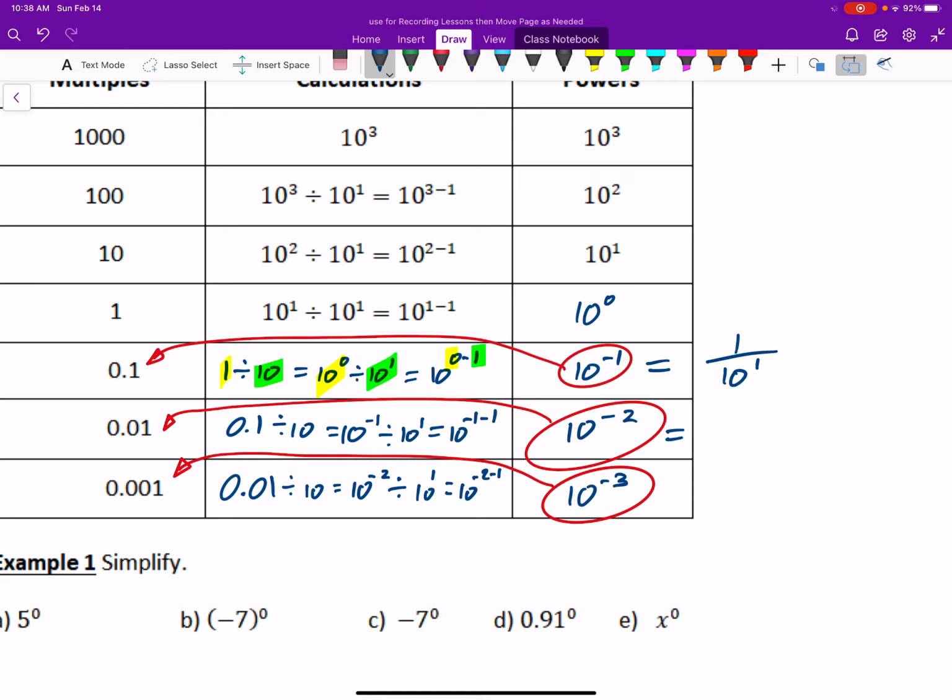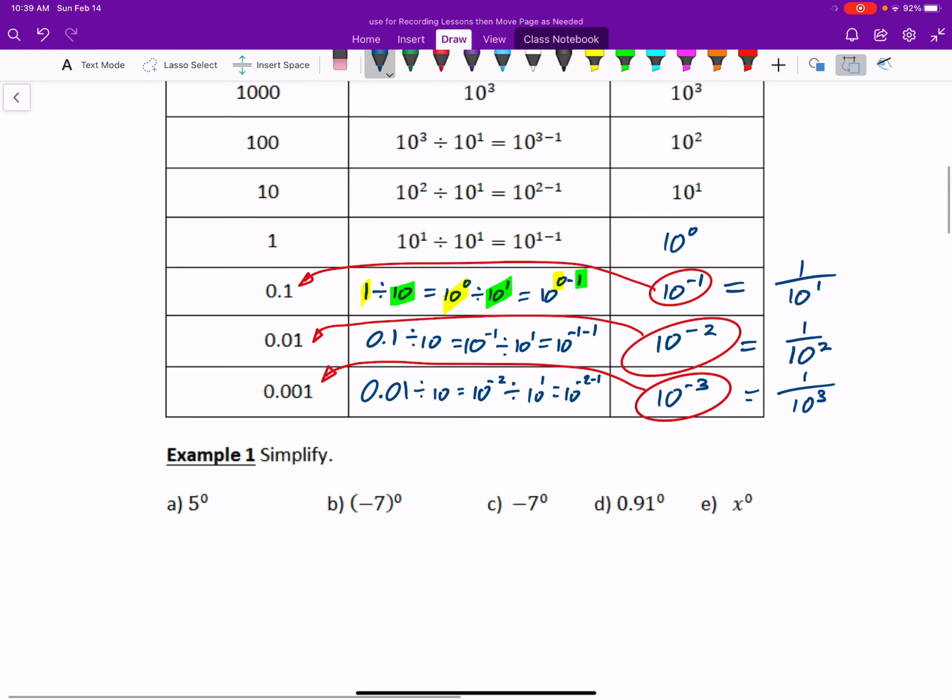We can think of 10 to the negative 2 as 1 over 10 to the positive 2, and 10 to the negative 3 as 1 over 10 to the positive 3. So 1 over 10 to the 1 is just 1 over 10. 1 over 10 squared is 1 over 100. So it's giving us these small numbers. That's what the negative exponents do.